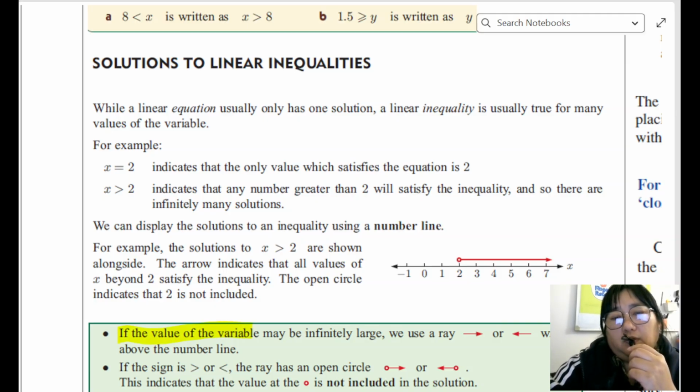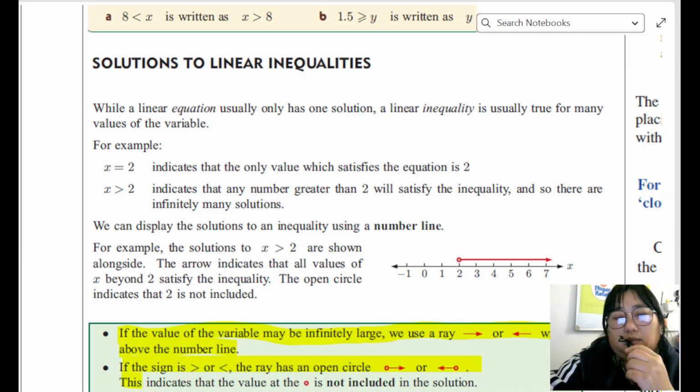If the value of the variable may be any large number, we'll use a ray that goes in the right direction or the left direction to draw on the number line. If the sign is greater than or less than, the ray will have an open circle, like this.